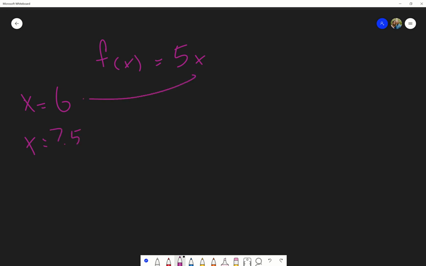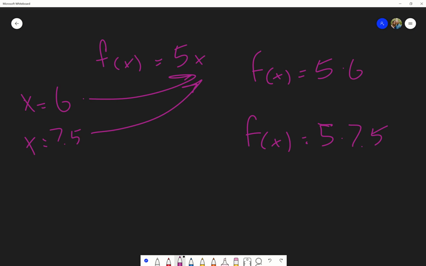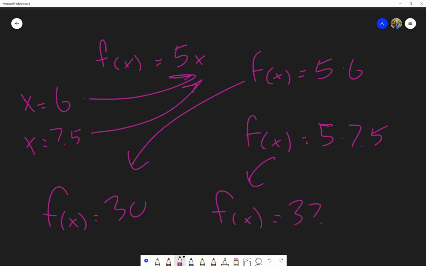I'm going to plug these into my equation, two separate equations. f of x equals 5 times 6, and f of x equals 5 times 7.5. This gets me f of x equals 30, and f of x equals 37.5. That's just some quick math.